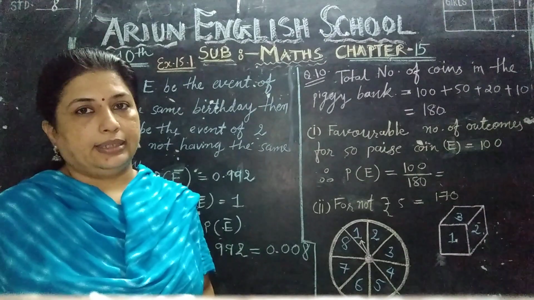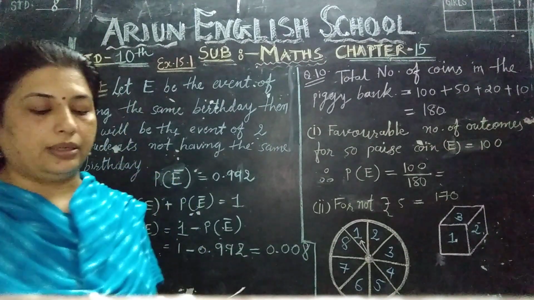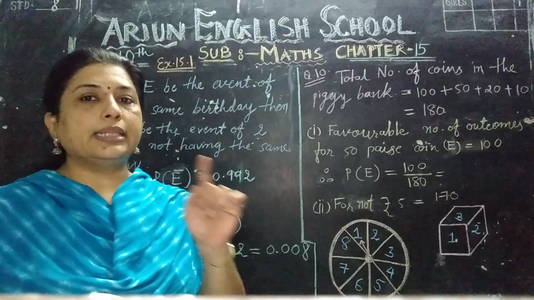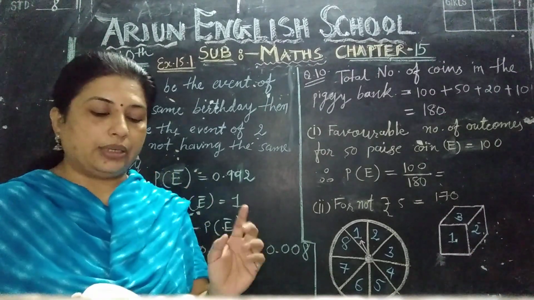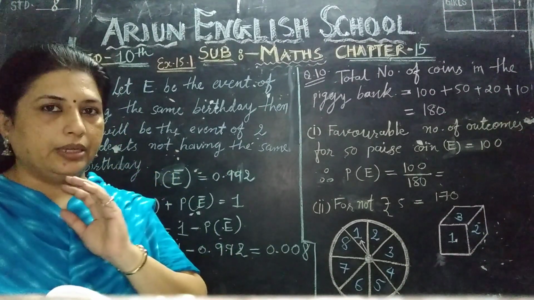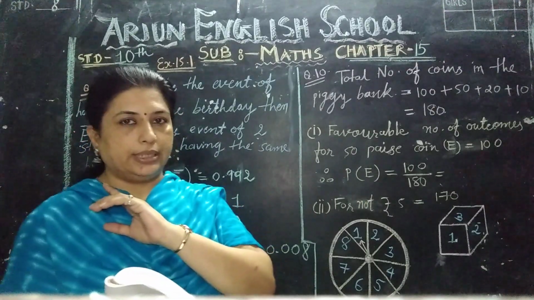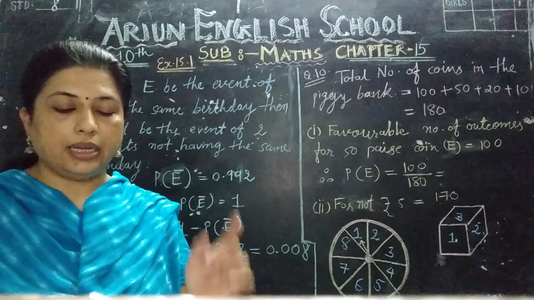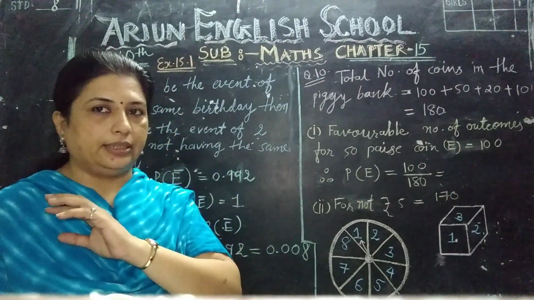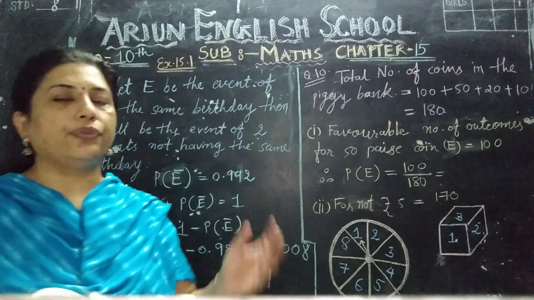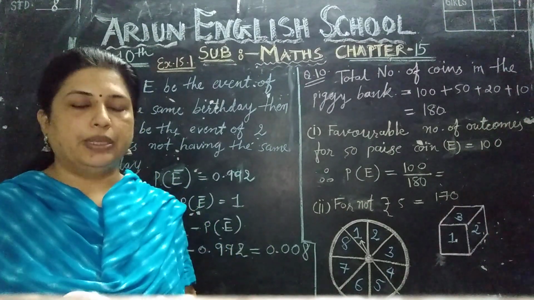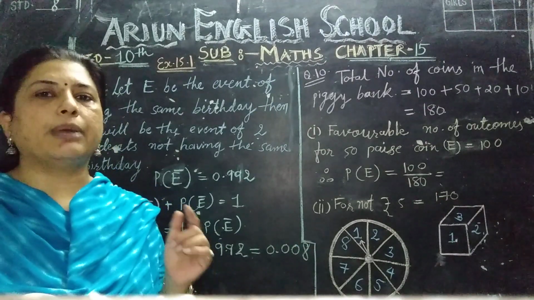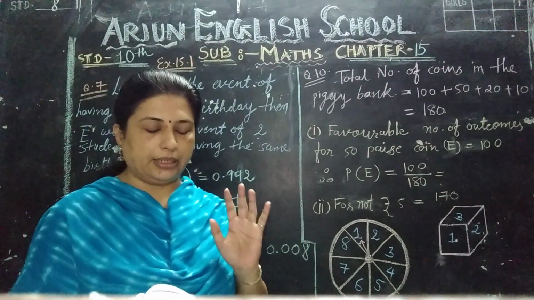Not green: now here you need to calculate that a total of 17 balls are there but 4 balls are green. So 17 minus 4, that means 13. 13 balls are not green. Here we need the probability of not getting a green ball. So 13 divided by 17 is the probability.